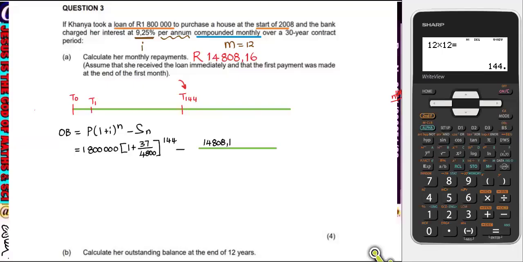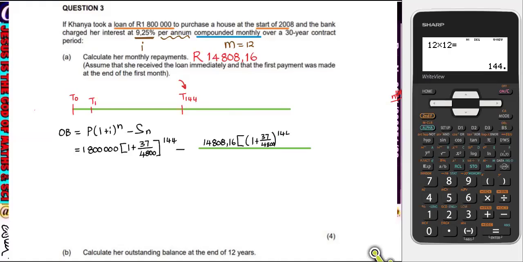The X we know, the monthly payment, is 148,808.16. Then I open and put R, which was 1 plus the i, 37 over 4,800. Close. To the power of n, how many terms? It's the same as the last number, 144.